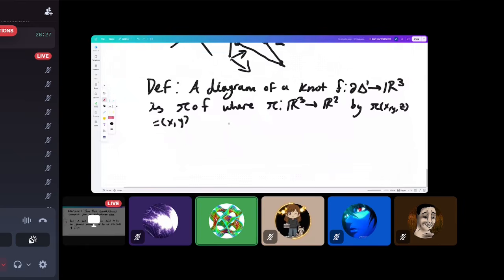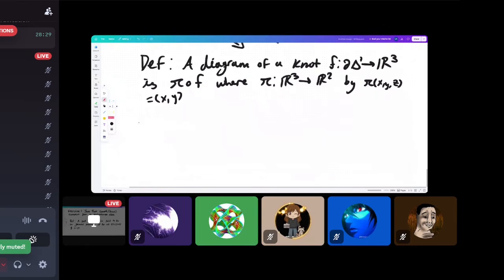Okay, so now we can go to Reidemeister's theorem. This is a very classical result.